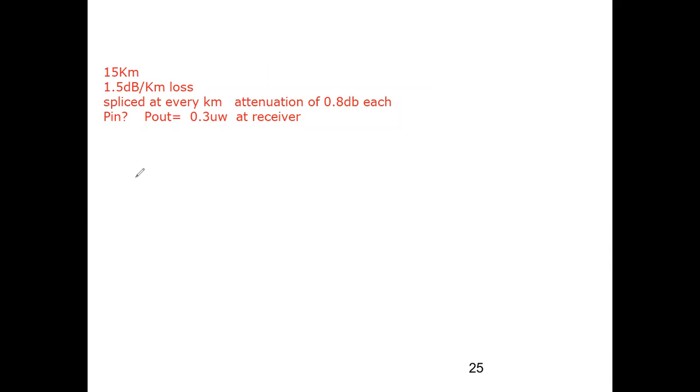So before you start, you can draw a rough diagram, because it's a 10 marks question. Suppose this is my transmitter side, which is my source or whatever, and this is my fiber link. This is the receiver.